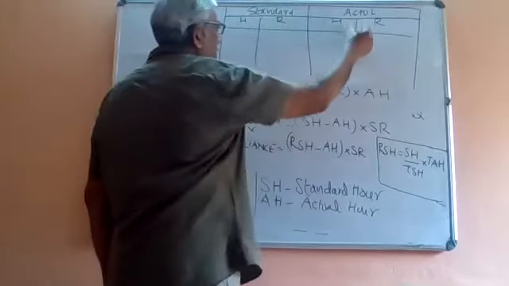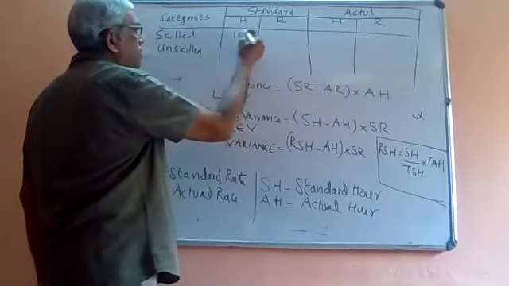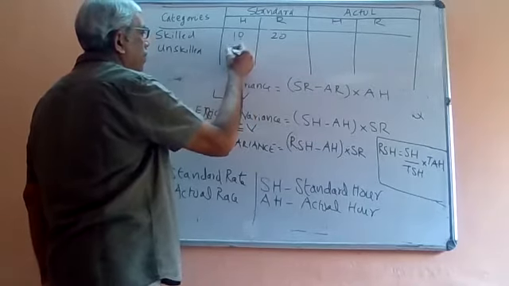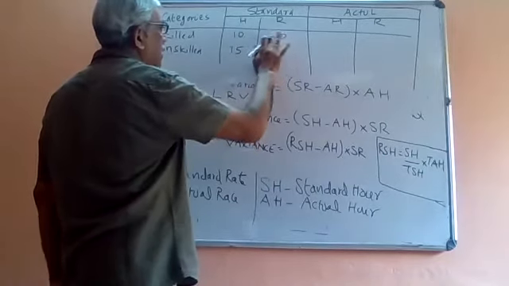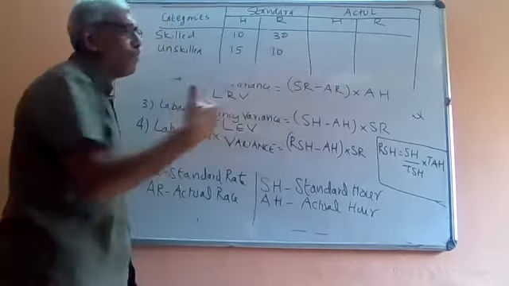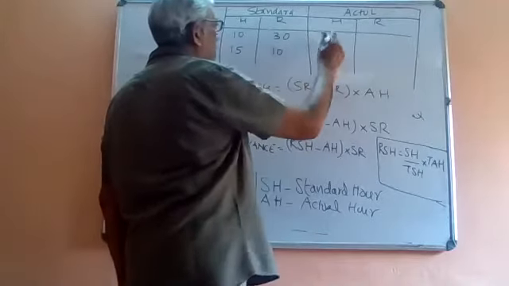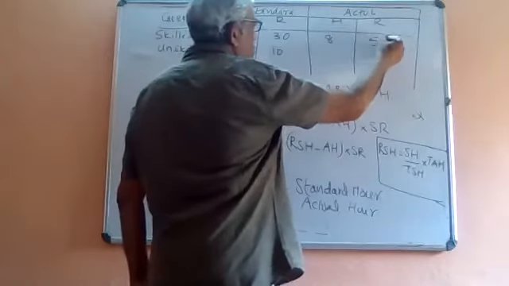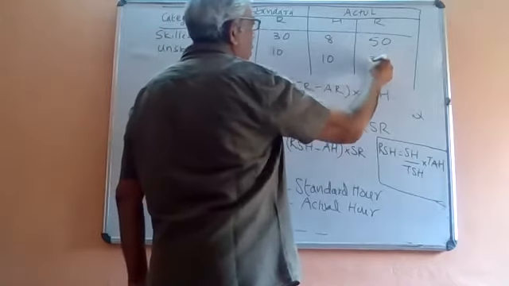Suppose it is 10 hours, 30 rupees, and 15 hours, 10 rupees, because unskilled workers get less wage. And here it is 8 hours, 50 rupees, and here it is 10 hours and 20 rupees.